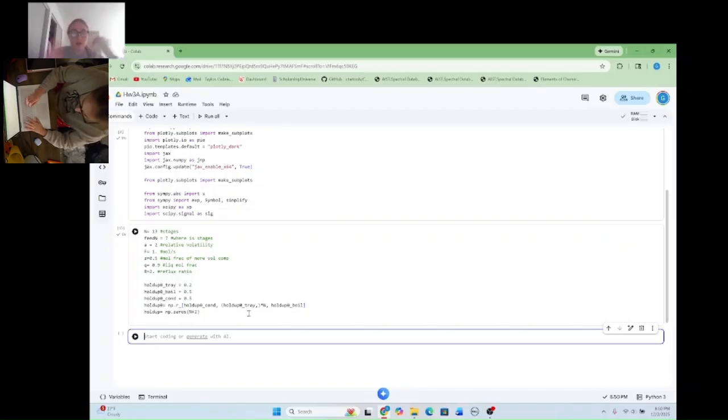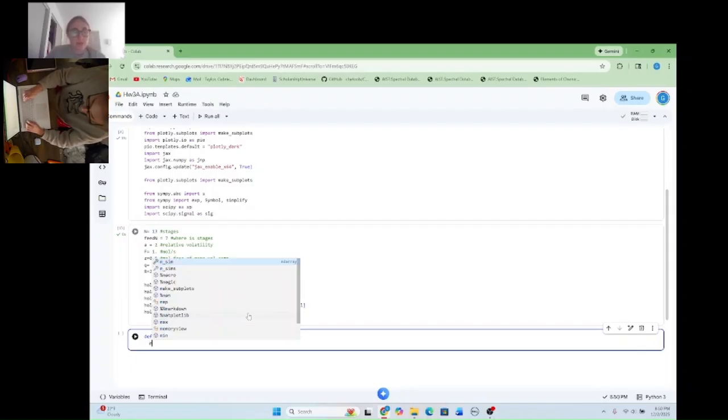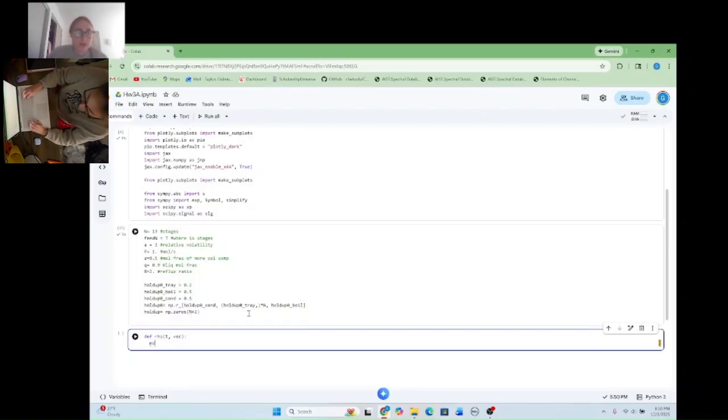So now let's do our right-hand side rule. Defining our right-hand side, we want to do t in our vector. The first thing we want to do is figure out the mole composition for this. So m is our moles and our vector is here.